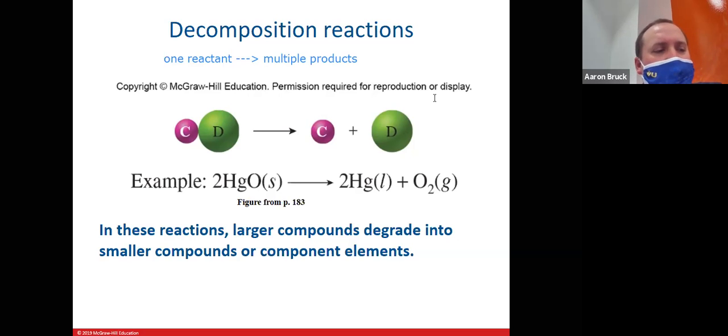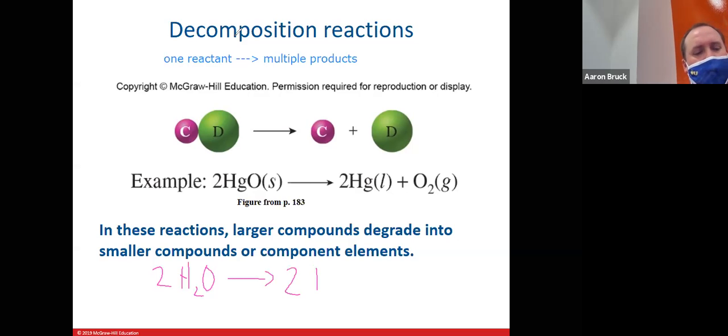The compounds in question can be very simple compounds, like this ionic compound, mercury(II) oxide, breaking down to form mercury and oxygen. You've also seen the example in lab of water breaking down into hydrogen gas and oxygen gas with a little bit of help from electricity.